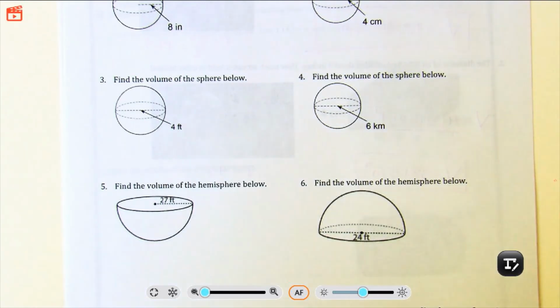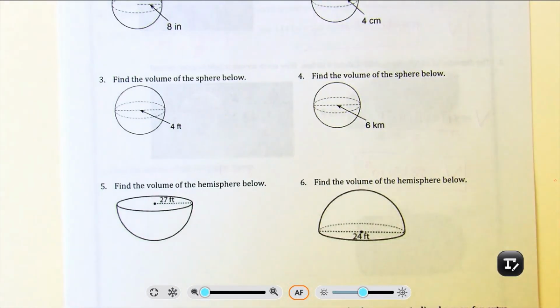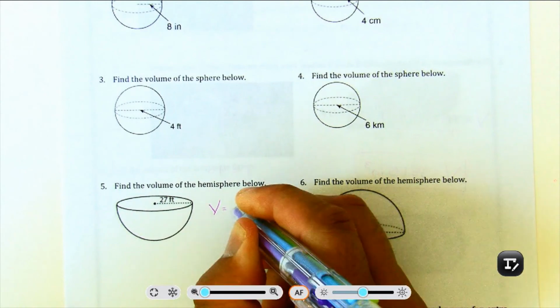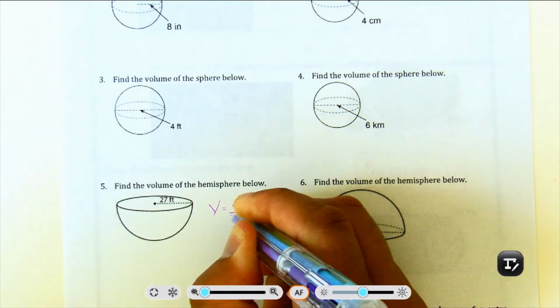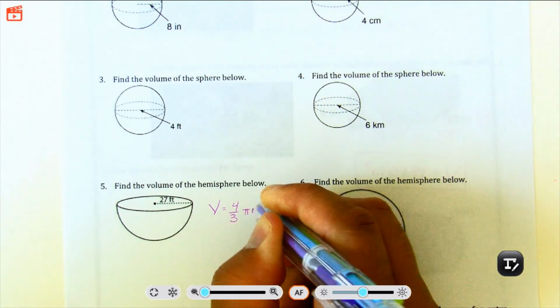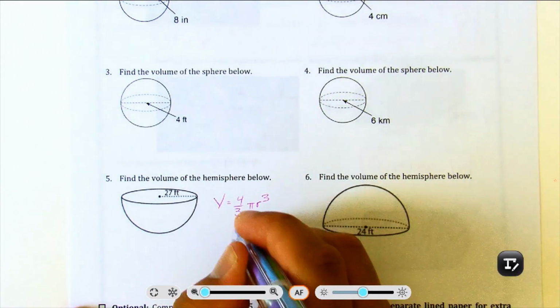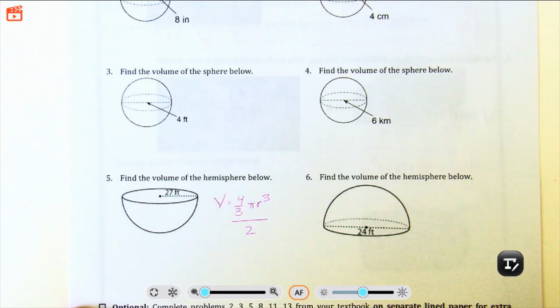For these problems you can find the volume of the entire sphere using this formula, then divide your answer by 2, and that will give you the volume of the hemisphere.